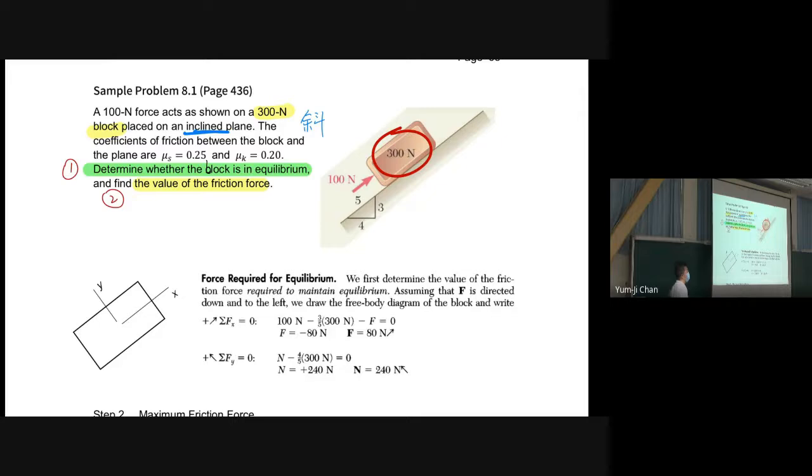And what is equilibrium? What does equilibrium mean in equation form? When we write something is in equilibrium, it means summation F equal to 0. Actually, in friction, it means no motion.